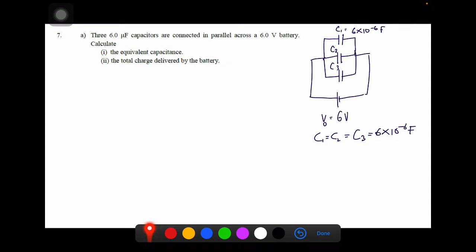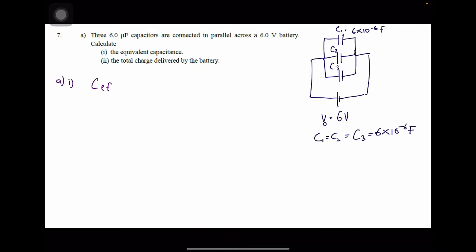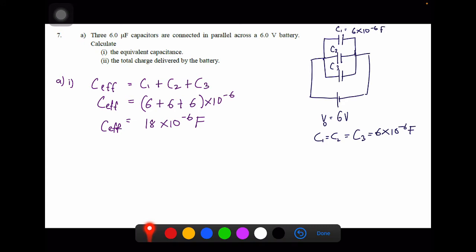If you want to find the equivalent capacitance, or normally we call it C effective, for parallel we just have to add. Simple as that. C1 plus C2 plus C3, and then you get 18 microfarad.